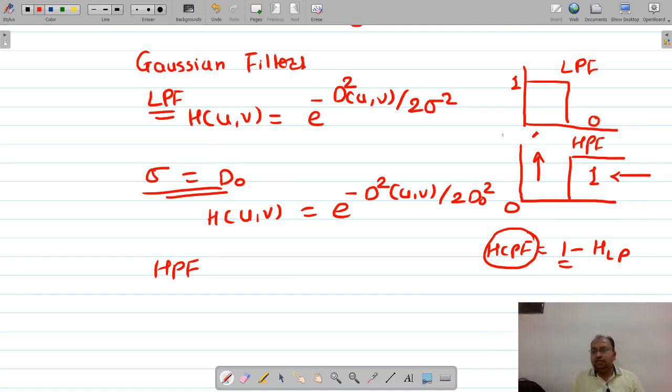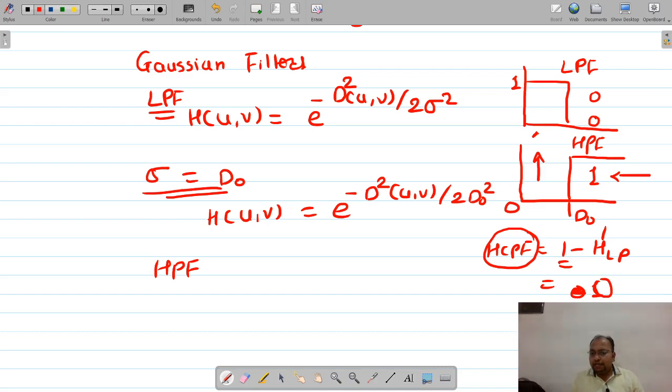Yes, definitely. Up to D0, 1 minus 1 is 0, so I get the value 0. After D0, 1 minus 0 gives the value 1.